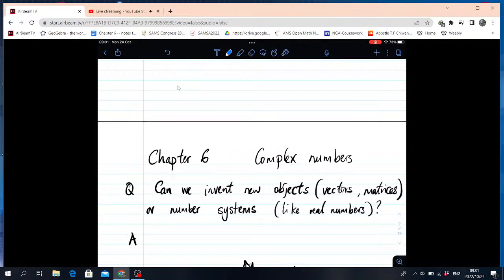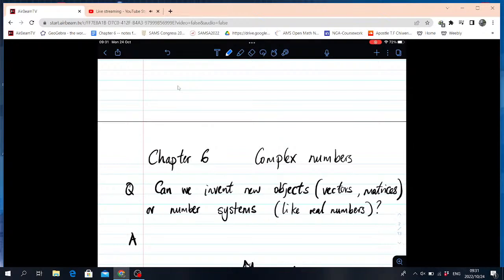So the first question that we need to ask is, can we invent new objects or number systems? So new objects, for example, when we started off, in chapter 1 we talked about vectors. In chapter 2 we talked about matrices.